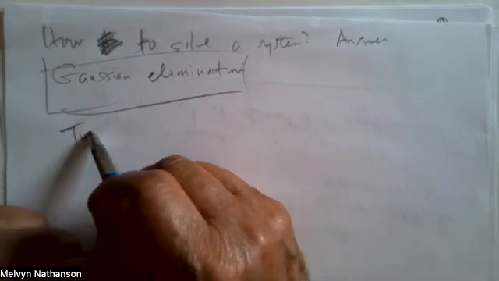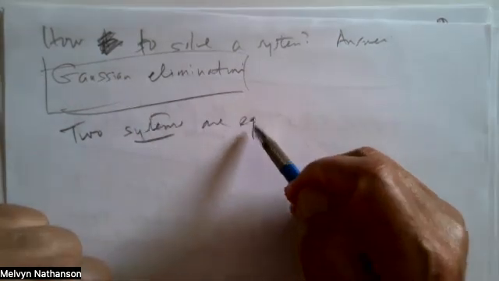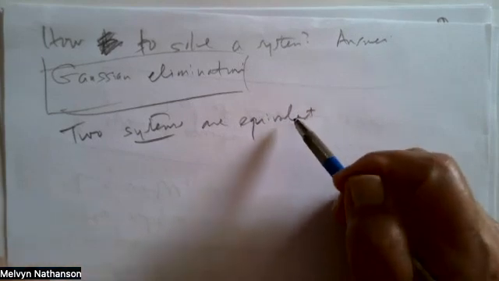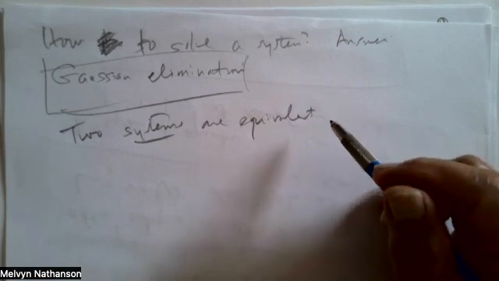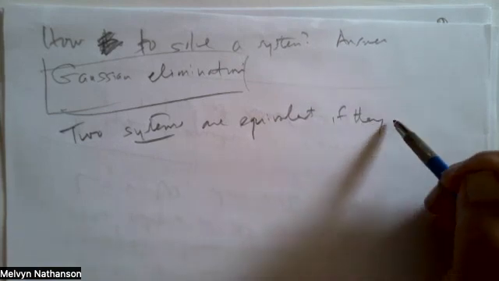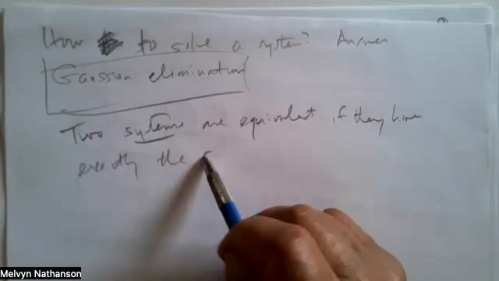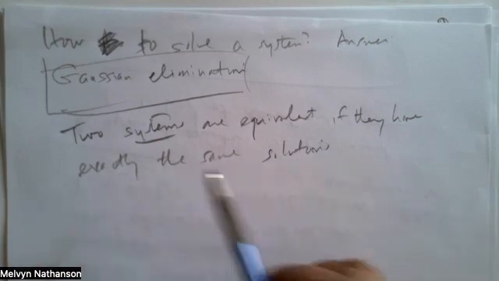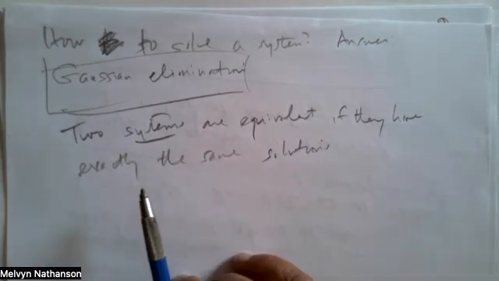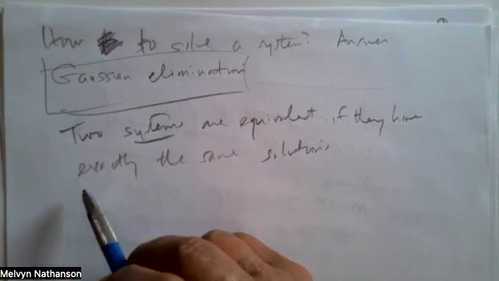So two systems of linear equations in n variables are called equivalent if they have exactly the same solution spaces. Exactly the same solutions. And there are simple things you can do to a system of equations to get a system which is equivalent.